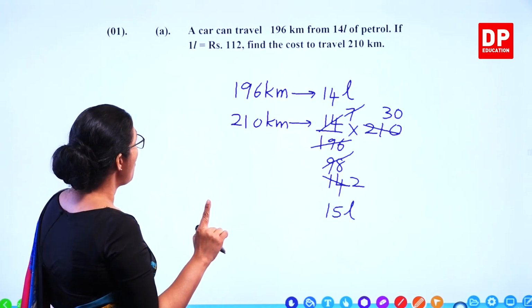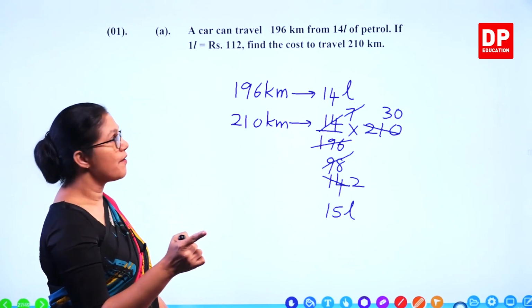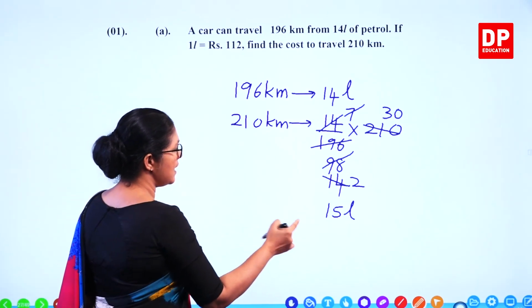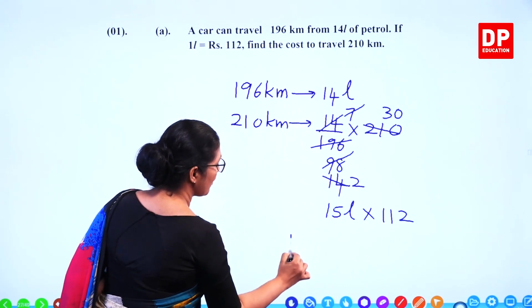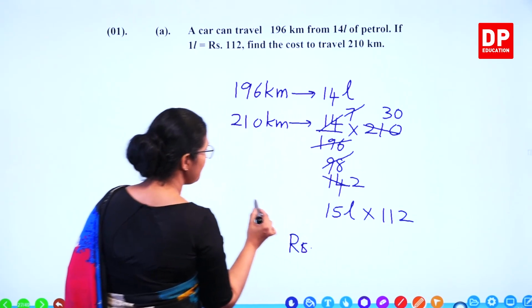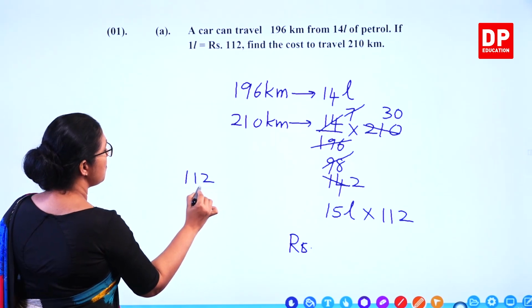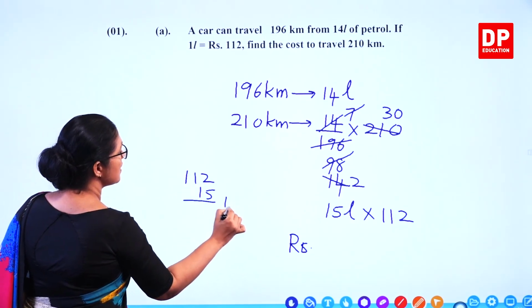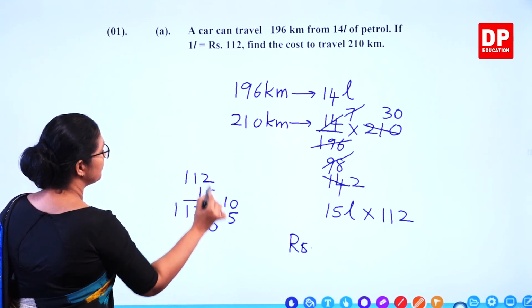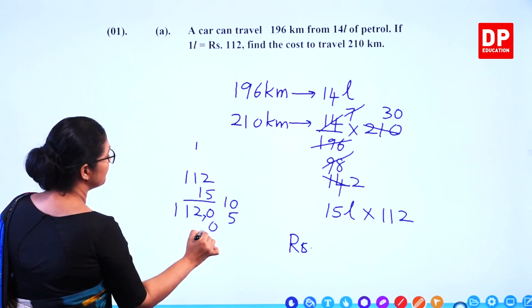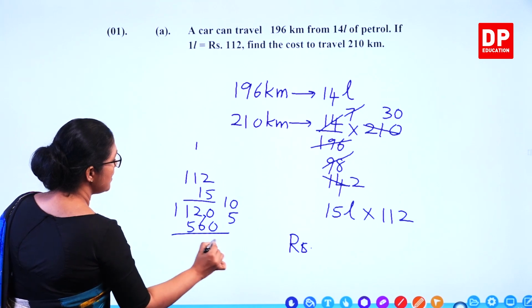But we know 1 liter is 112. So 15 liters you multiply by 112. What's the amount? 112 multiplied by 15. 10 and 5. So add it.